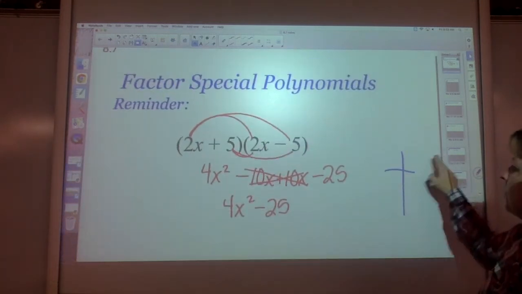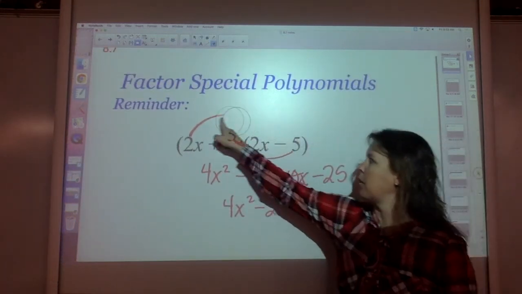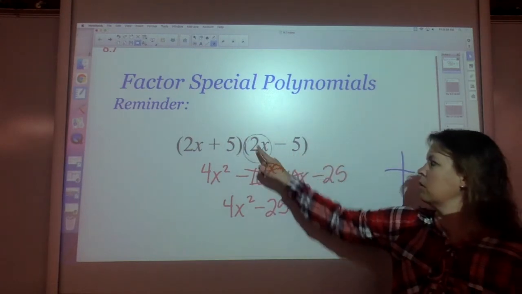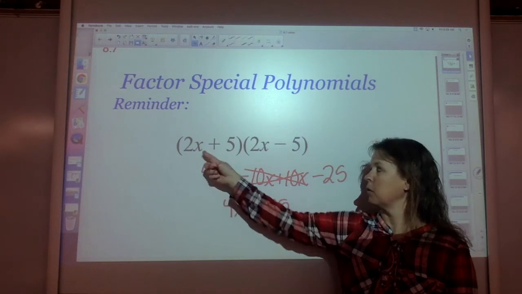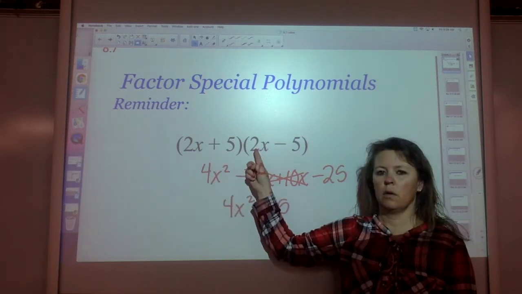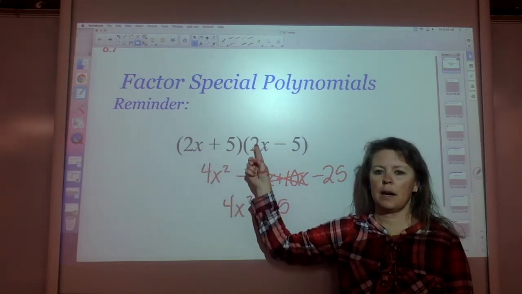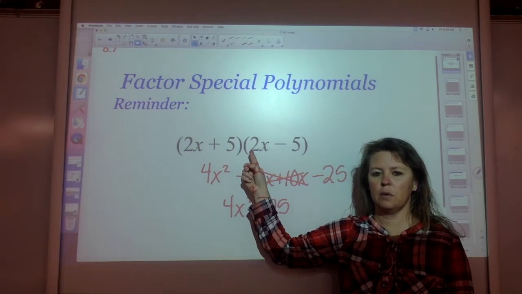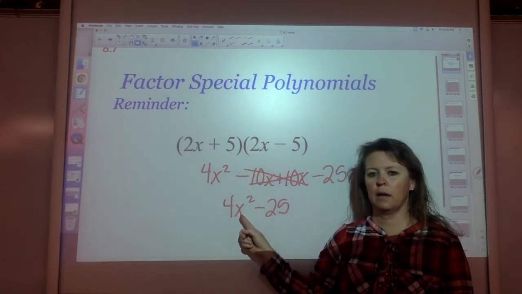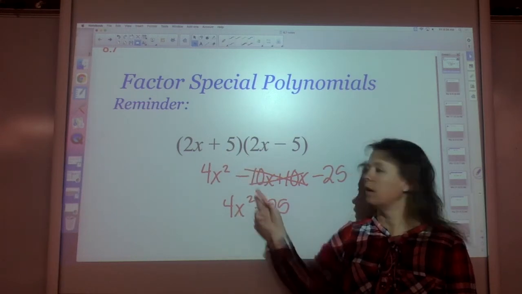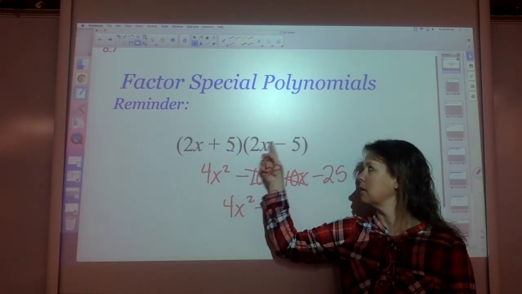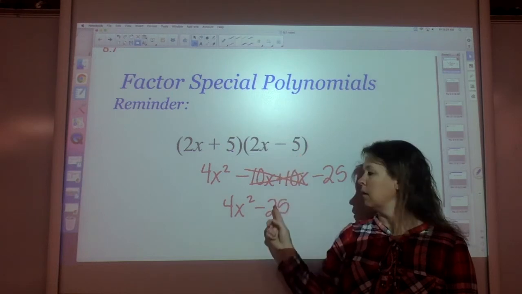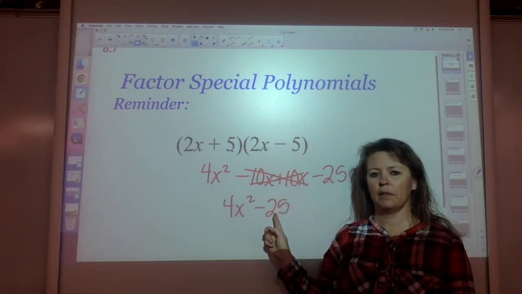Okay. If you look at this, before I give you a new one, I'll just walk you through this. How did we get 4x squared? It's because we took 2 times 2, or basically a number times itself. 2x times 2x is 4x squared. How do we get 25? A number times itself, a positive times a negative, and made it 25.